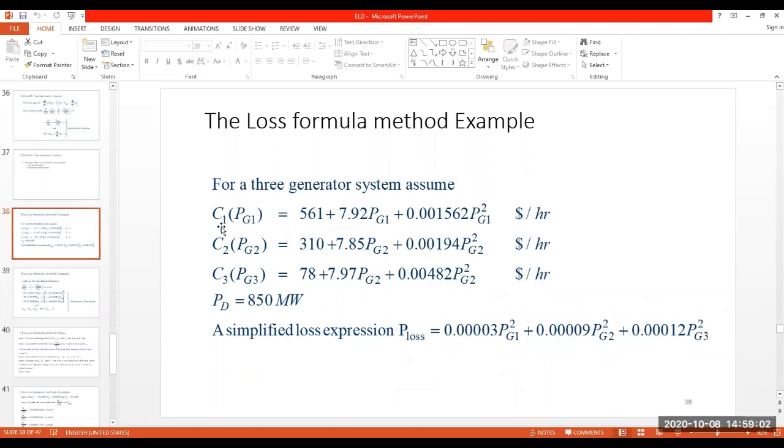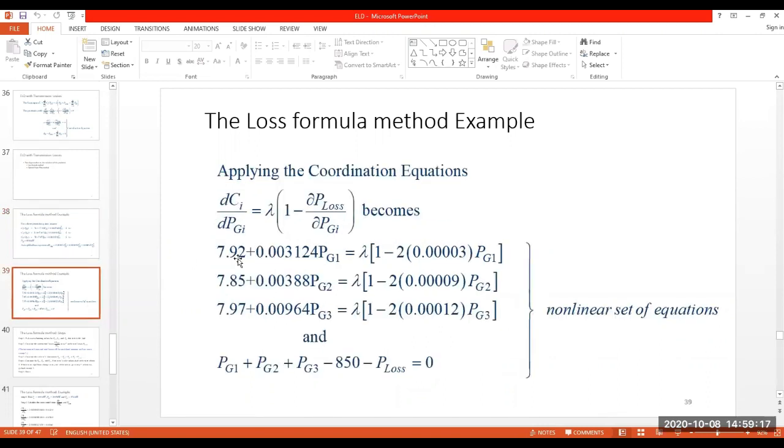If I take dC1 over dPg1, the constant will vanish, and only 7.92 will remain, since Pg1 becomes 1, plus 2 multiplied by 0.00156 Pg1. This is what is done on the left hand side. Similarly for the second equation of C, and for the third equation of C.